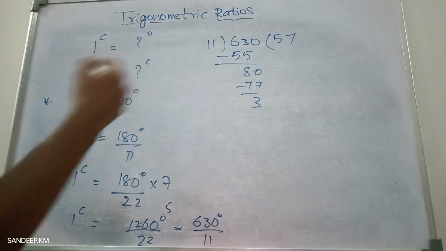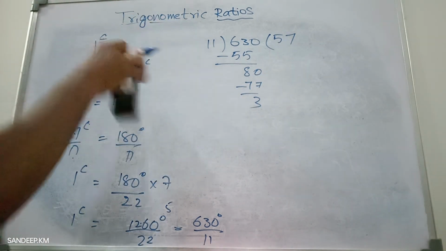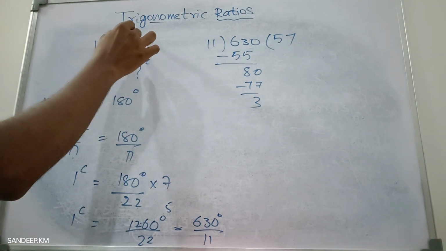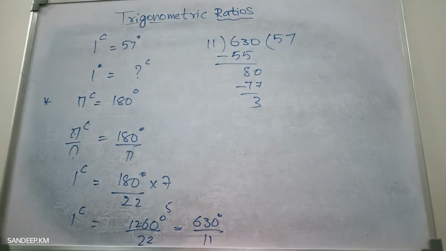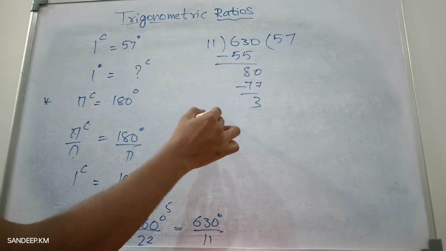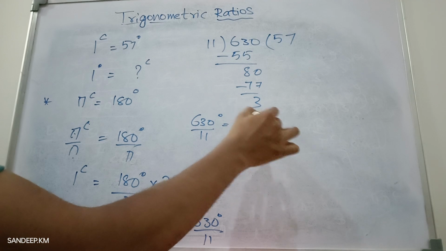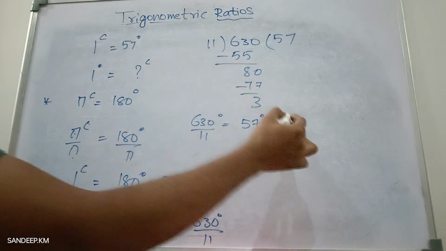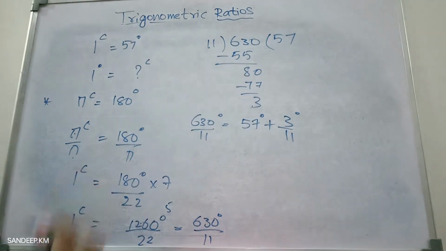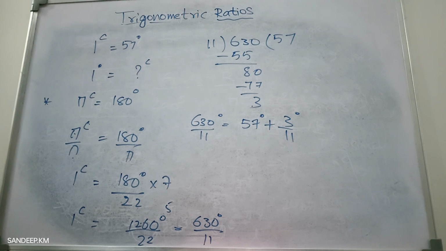So which means that it is 57 degrees. The division is not over, we have a remainder 3. So we can say that 630 by 11 degrees is equal to 57 degrees plus 3 by 11 degrees.